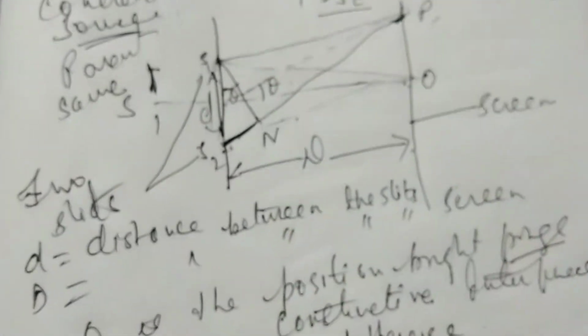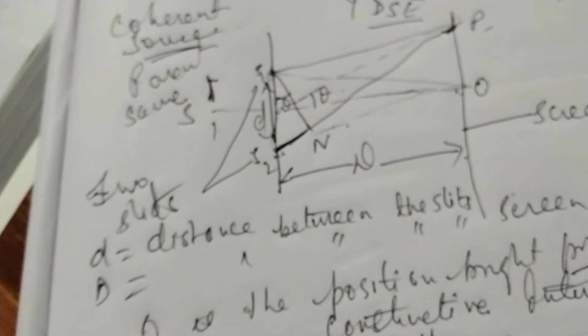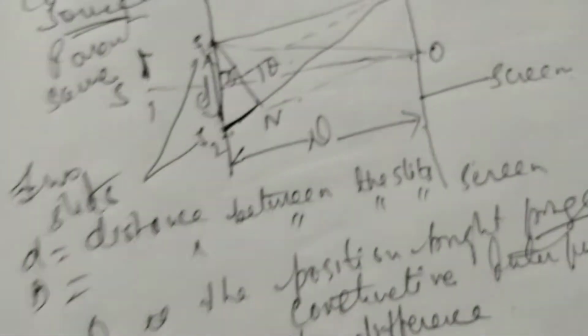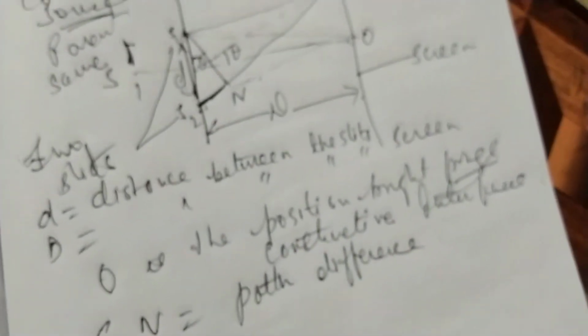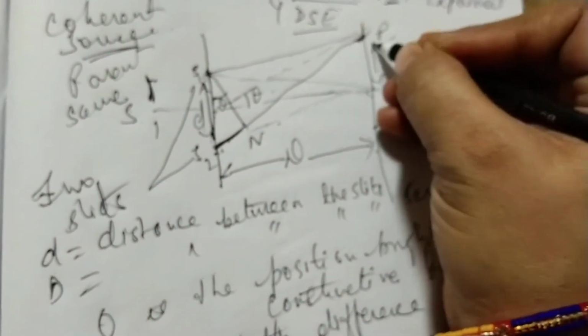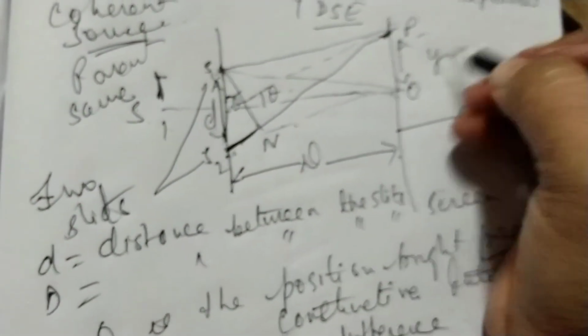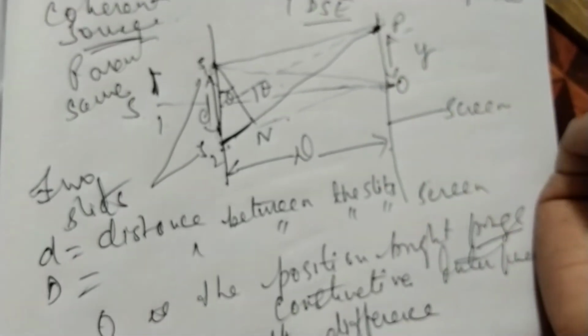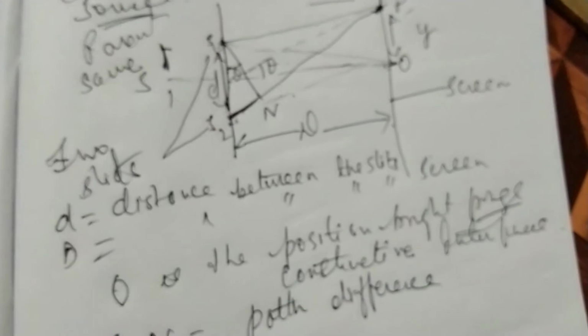So we need to find this S2N. If we can find the value of S2N, we will put up the constructive and destructive interference conditions, and ultimately we will get the fringe width. Also, Y is the distance from the center to this particular point, which can be a constructive or a destructive interference.